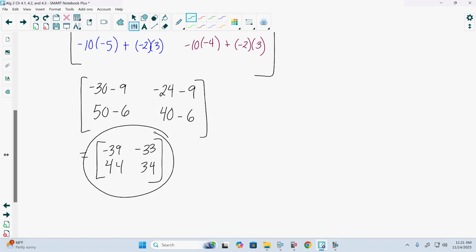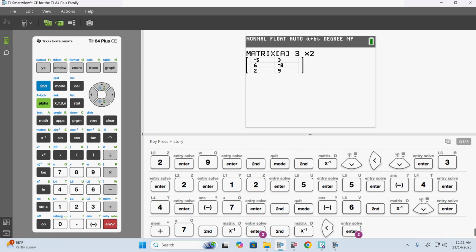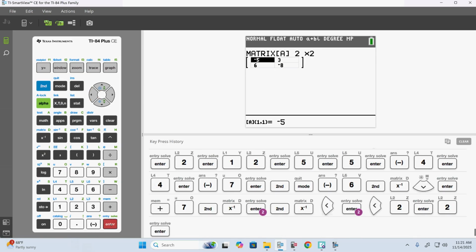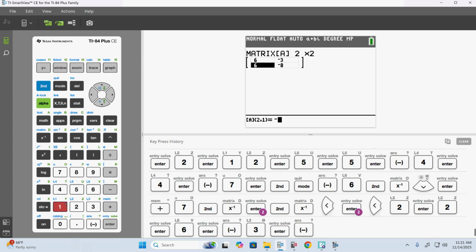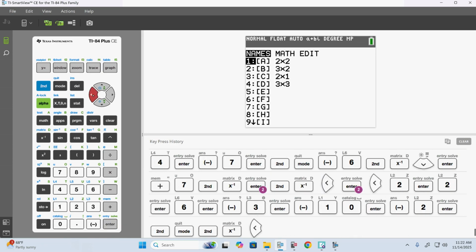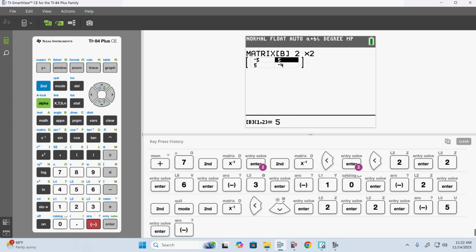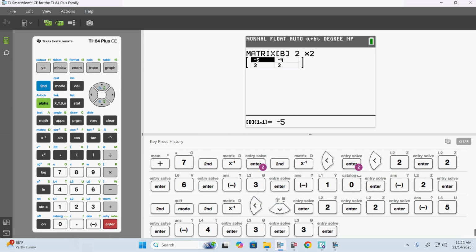Because really we can take the graphing calculator, say second matrix A is a 2 by 2: 6, negative 3, negative 10, negative 2. Second matrix B is also a 2 by 2: negative 5, negative 4, 3, 3.